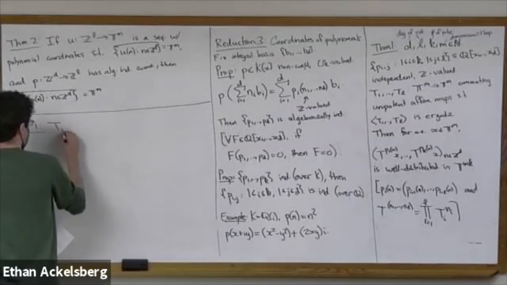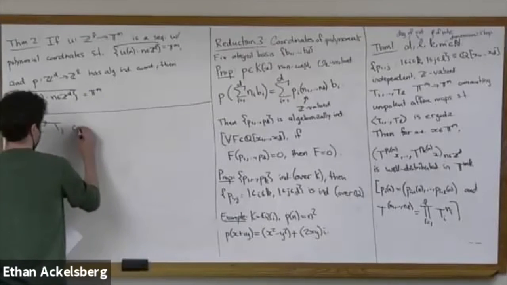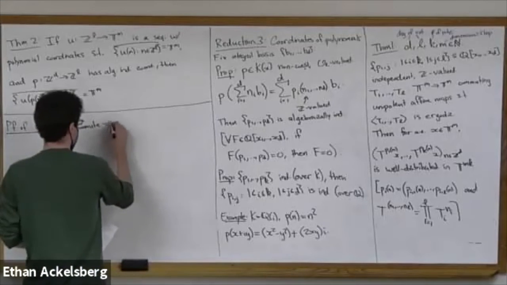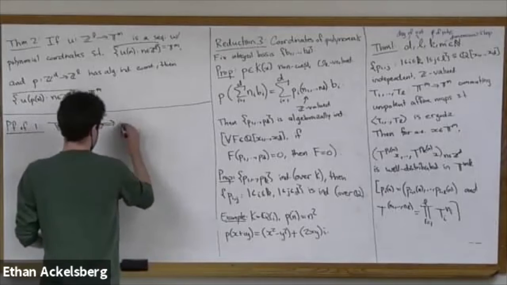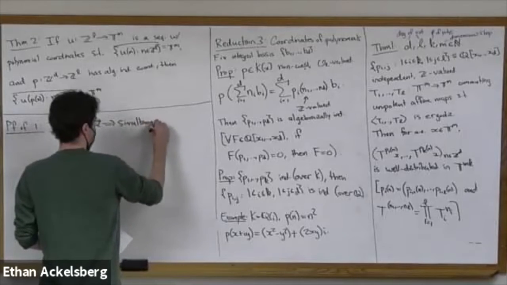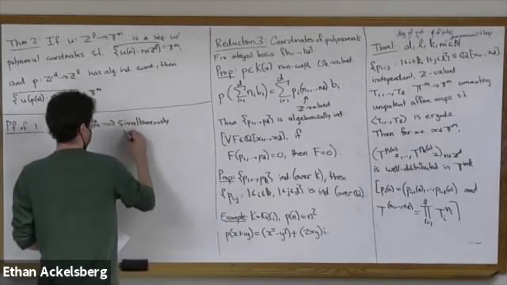So first, these transformations T_j commute because we have a Z^L action. And this implies that they can be simultaneously triangularized.